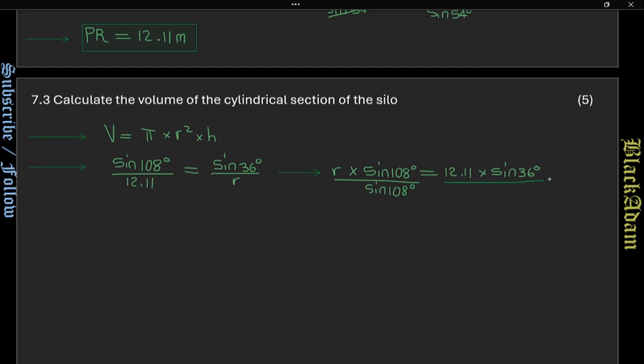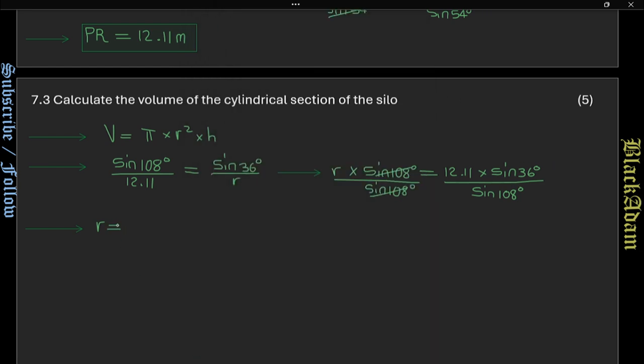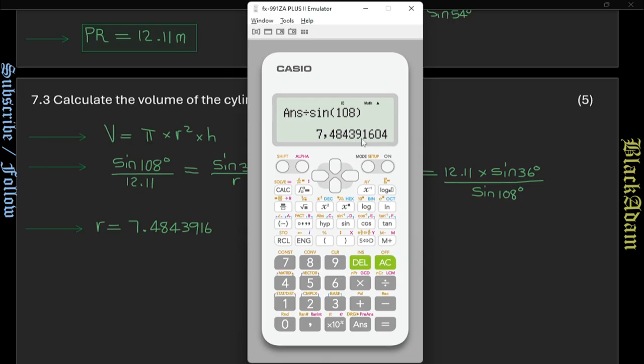So r is 12.11 multiplied by sine 36 degrees, divided by sine 108, which is 7.4843916.